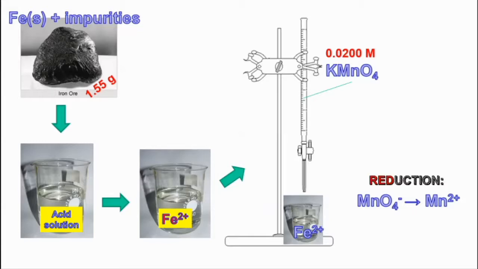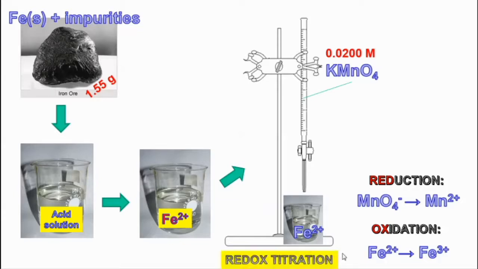Meanwhile, iron 2 ion from the acid solution is oxidized to form iron 3, or we can simply say that iron 2 undergoes oxidation. Both the reduction and oxidation occur simultaneously, and that is why this reaction or titration is also known as redox titration.